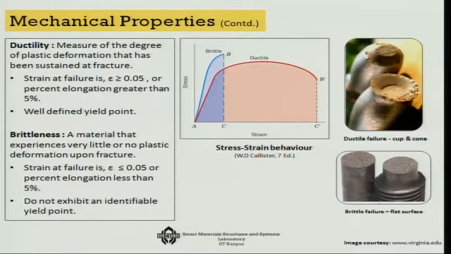And there is something that you will also see in terms of ductility, which is known as the ductile failure, the telltale sign of the neck formation of the system, and the brittleness of a system.